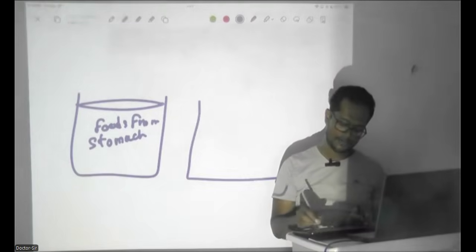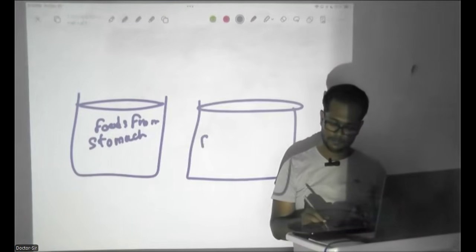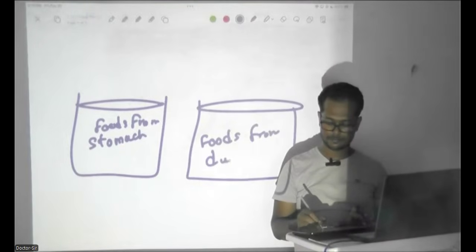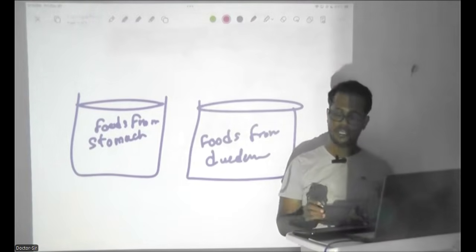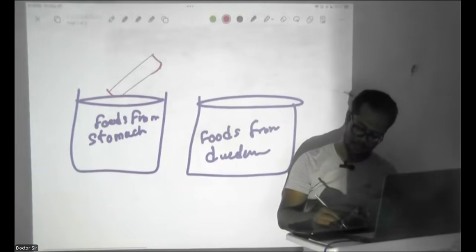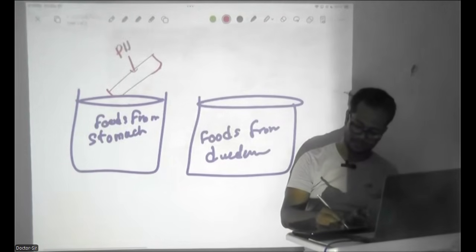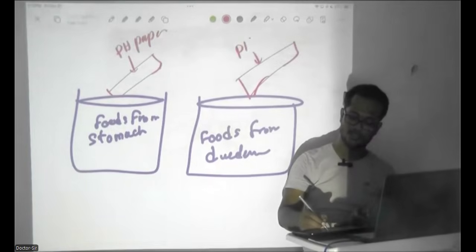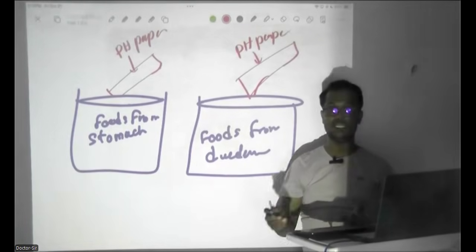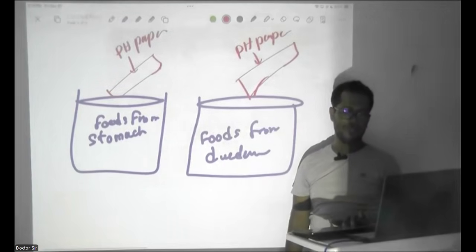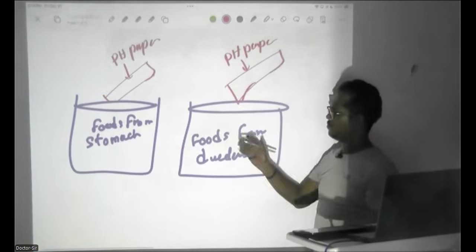Then another sample we are taking from the duodenum. Now they are telling us they separately add some pH paper. So here also we are going to add some pH paper. This pH paper will indicate the pH, the acidity or the basic nature of this food particle.